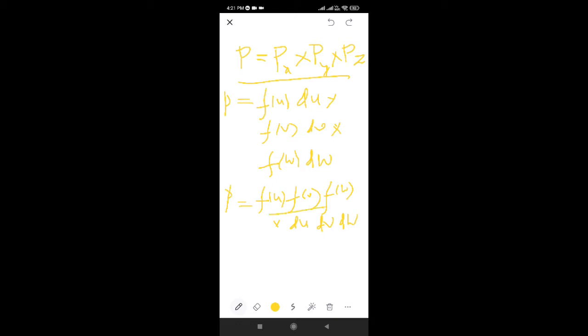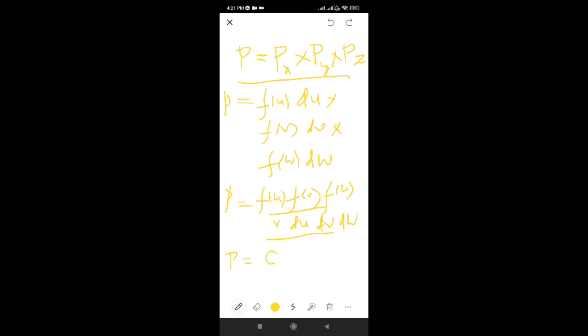Earlier we considered it component wise. Now we are considering the total velocity. u, v, w are the components of c. Now we are considering the total velocity, not the component velocities. That is also given by the same probability. Here that probability is a function of c, the total velocity.